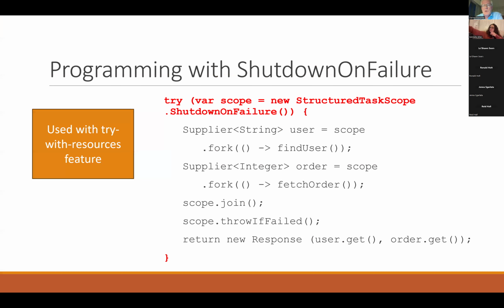All right. Remember when you're coding these things up that with shut down on failure I'm using futures. Don't forget about the futures, because I'm going to aggregate the results together.